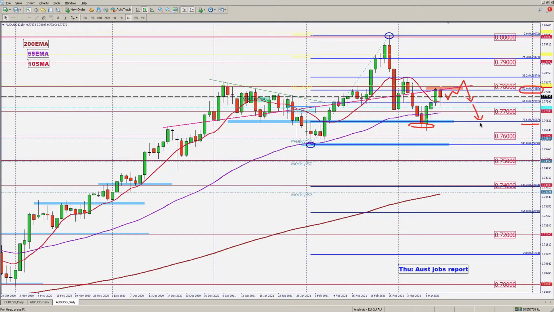And if the US dollar attempts to climb up even higher, then there could be further weakness in all the major pairs. And this could drive the Aussie dollar a bit lower towards 0.76. Right, this coming week, there's the Australian jobs report.